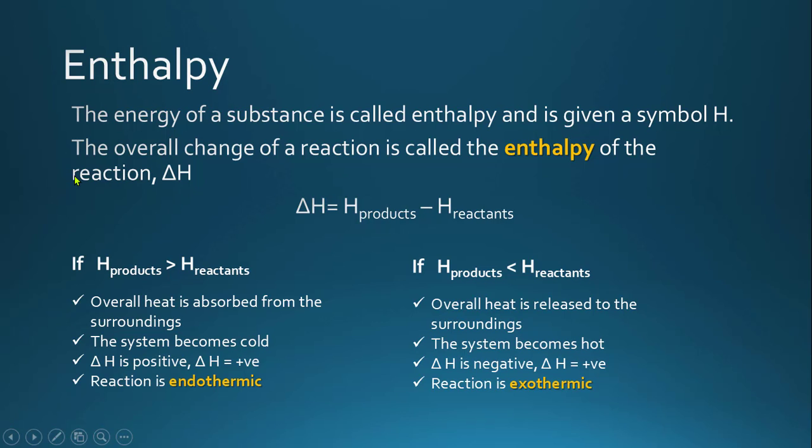This is the formal definition of enthalpy. So for the change in enthalpy, we put a delta sign in front of it: delta H, the change in enthalpy. How is this measured? Enthalpy change is the difference between the energy of the products and the energy of the reactants.